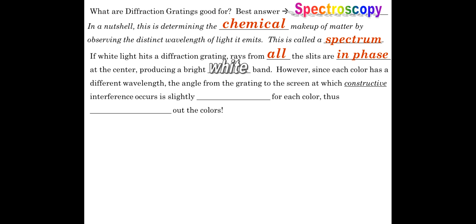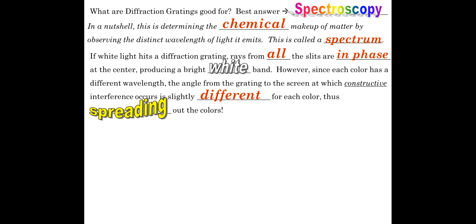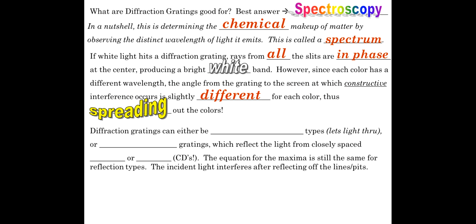But each wavelength needs its own path difference. I mean, a longer wavelength like red is a higher path difference than blue, which is a shorter wavelength. It requires a shorter path difference. So the angle is likewise different. So at different angles, you see different colors. And that spreads out the colors of light.